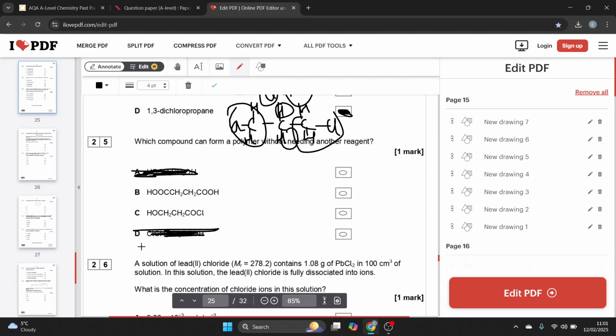So I'm left with B and C. B's got COOH, COOH, but it will need another reagent, whereas C has COCl and an OH, so the answer will be C, it can form a polymer without needing another reagent.